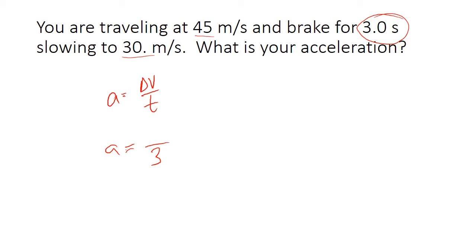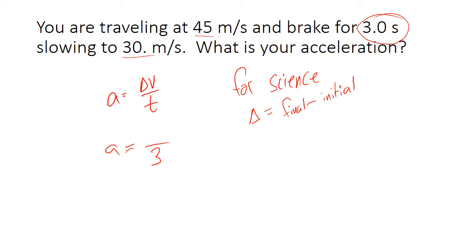Now, remember, for science, I'm saying science instead of physics because it's for chemistry too. When you have a delta, it's always going to be your final minus your initial. This is for anything, even math too, I guess.